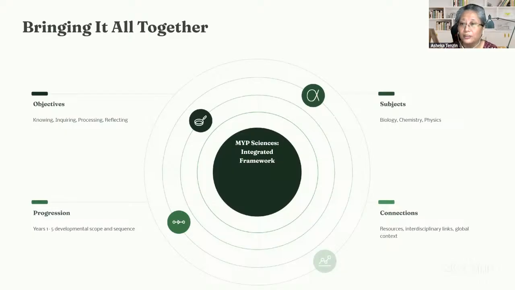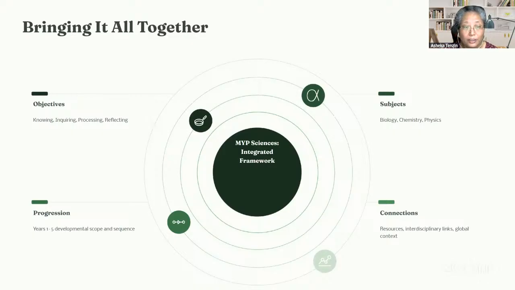You're going to teach physics, chemistry, biology, sometimes earth science, sometimes ecology, life science, but basically physical science and life science. Then connections, how do you make connections horizontally? Interdisciplinary links through global context, through ATL skills.